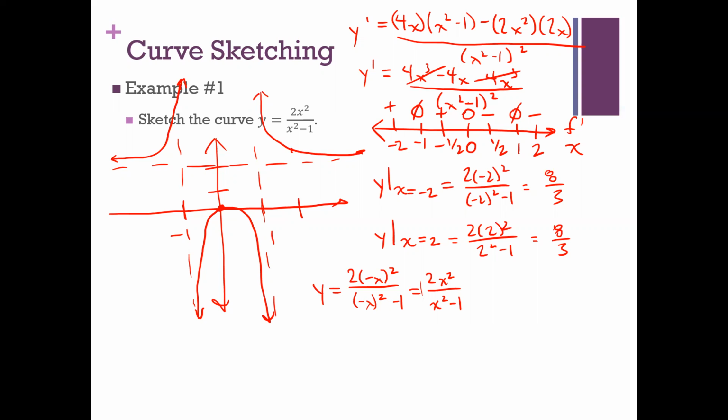Figured out where the function was increasing, decreasing, not defined, stationary, or critical points. And probably could do something with concavity, but I don't think we needed it to get this graph. I think I'm probably happy with the way it is.